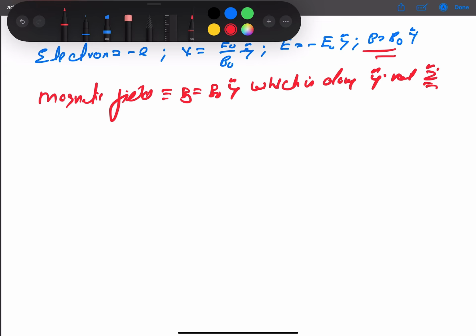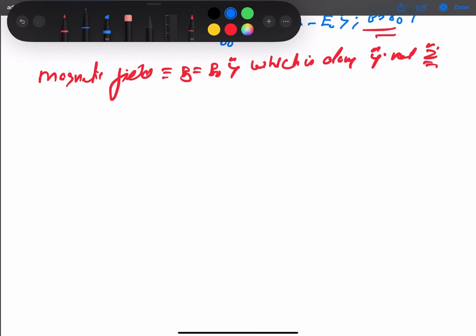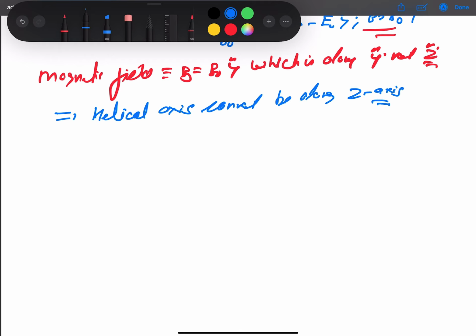So it means the helical axis cannot be along the z direction.